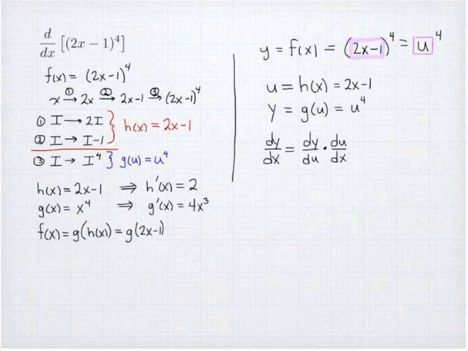So, what is dy du? Well, dy du is just the power rule for u to the fourth, which gives 4u cubed. And I should probably be using double arrows here. Let's change that.